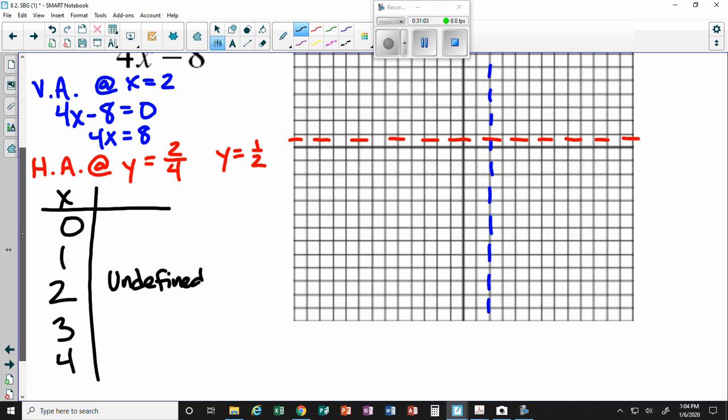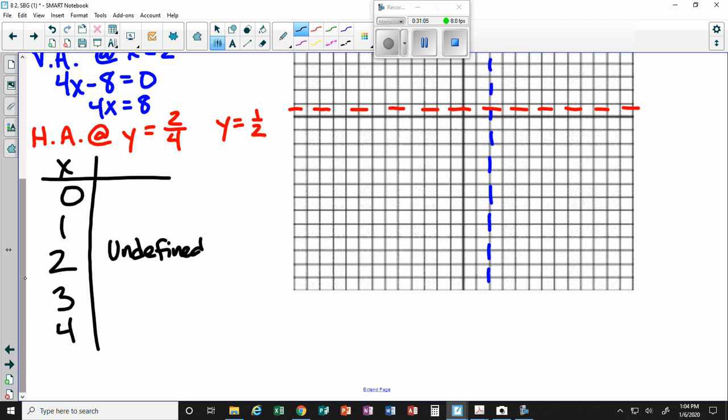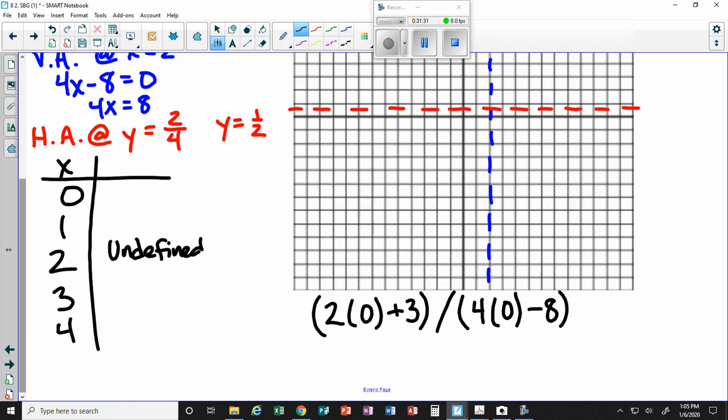So if I want to plug in, let's say 0, here's how I'd do it. Parentheses, 2, parentheses, 0, plus 3, parentheses. That's the top. Divided by the bottom, which has more than one term, so I need parentheses: parentheses, 4, parentheses, 0, minus 8, parentheses.